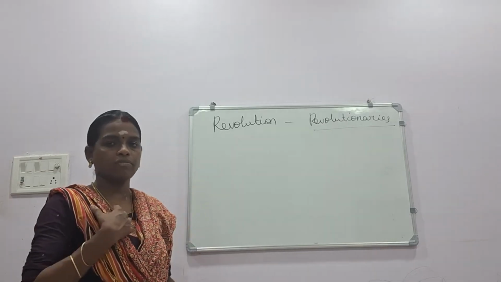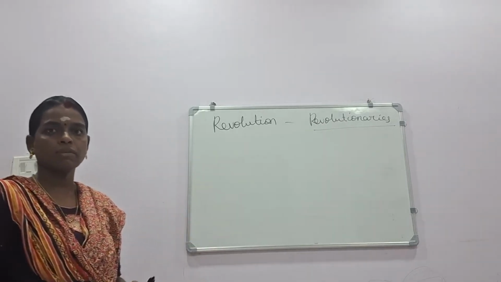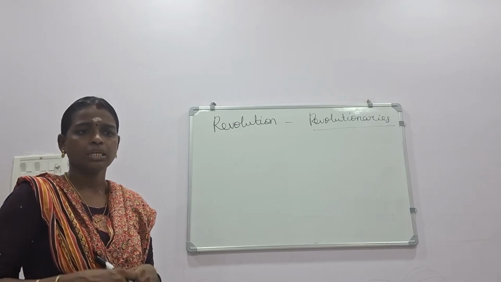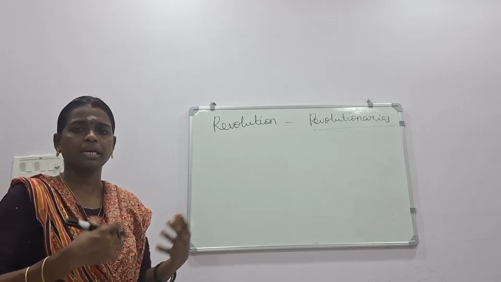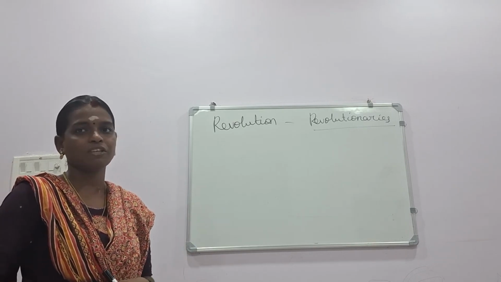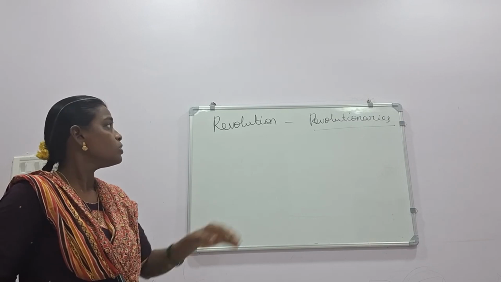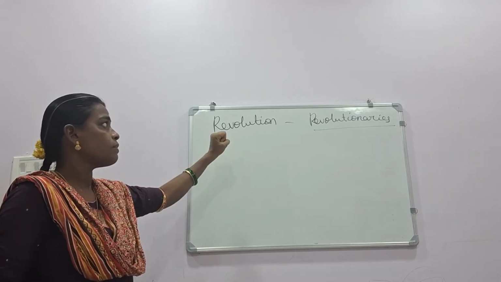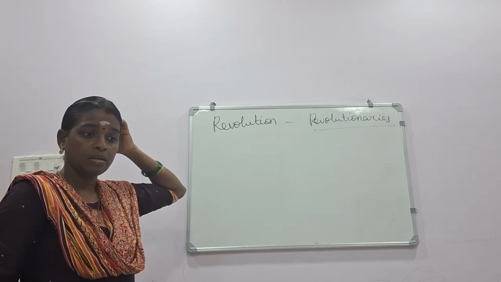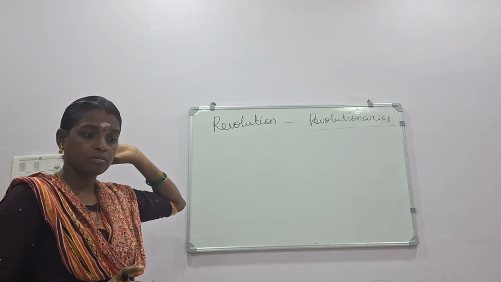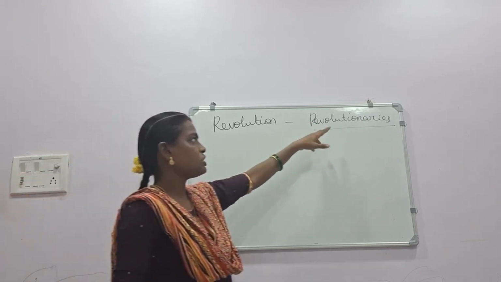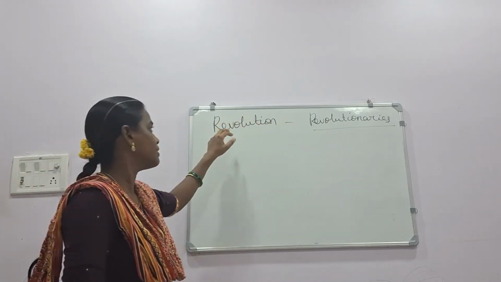If I am one of the participants of any revolution, you can call me a revolutionary. If you are in any revolution, I can call you a mutineer or a revolutionary person. So revolution means like a fight or a struggle against the government. Revolutionary means the people who are involved in a revolution.